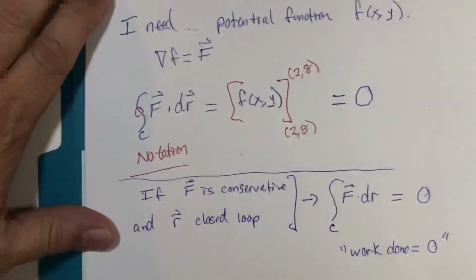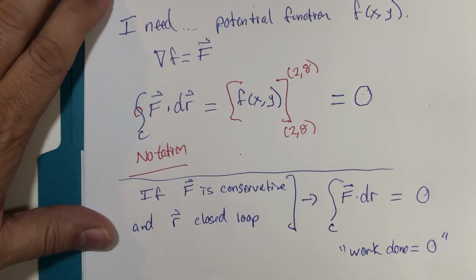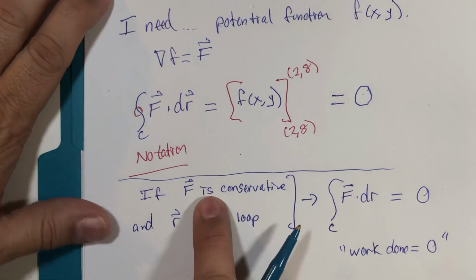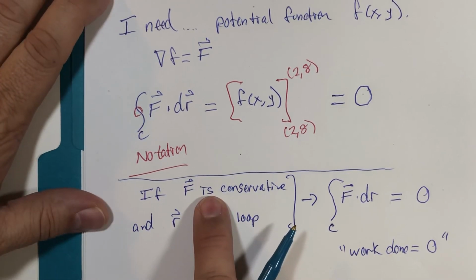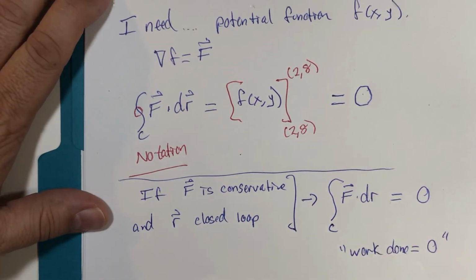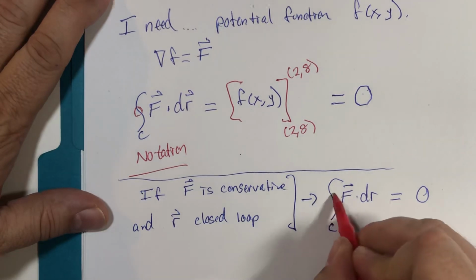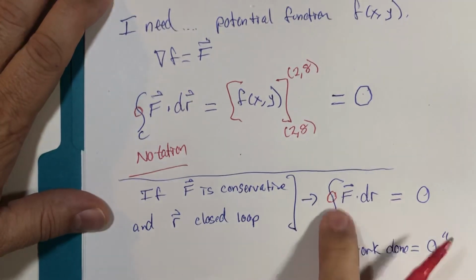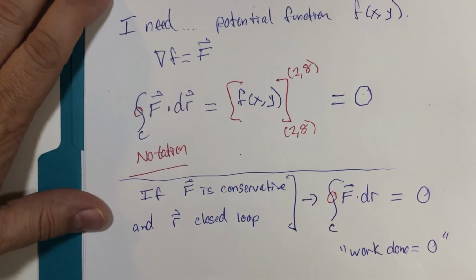That the work done will be 0. If you can show the vector field is conservative, that's on you to do, and this closed loop path is provided, then you can say the work is 0. And if you want to use the fancy new notation, you could dress it up, put a nice little belt on it. It'll be great.